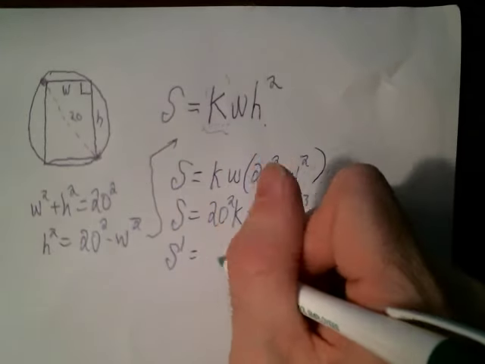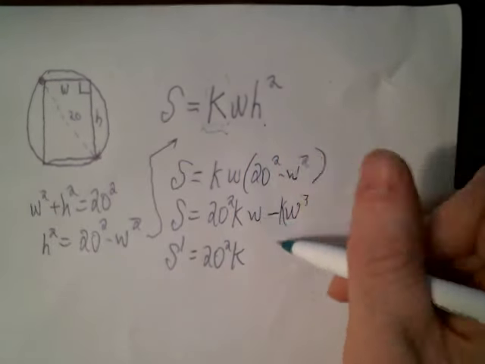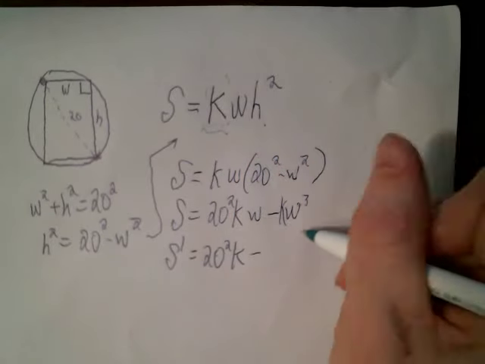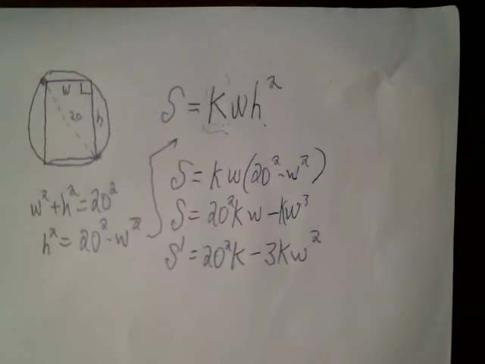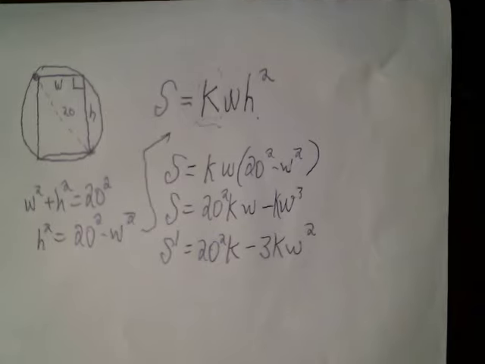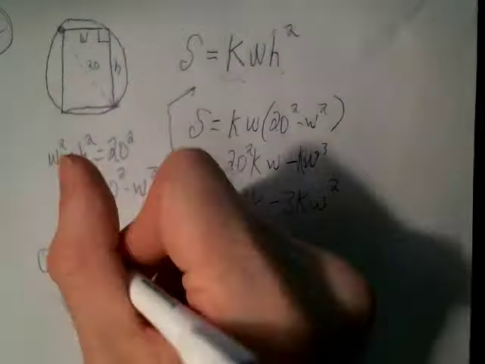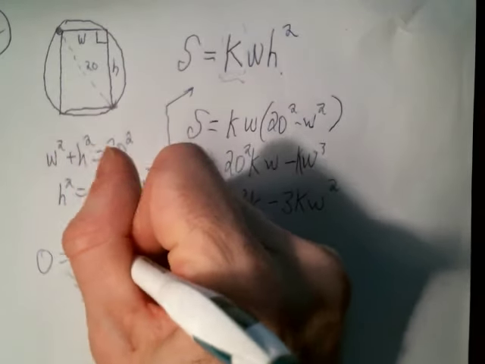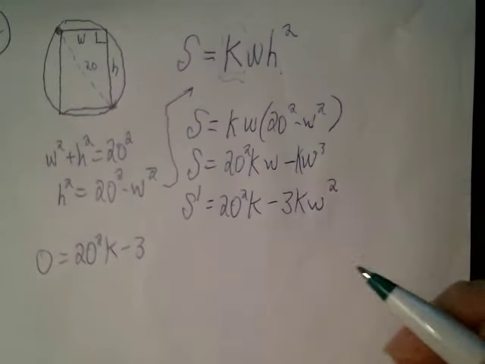So S prime is 20 squared k, derivative of w is 1, minus, bring down the 3, so power rule, 3k w squared. Okay, we'll set that equal to 0. And you'll see that k really doesn't make a difference. So this constant is going to just divide out.